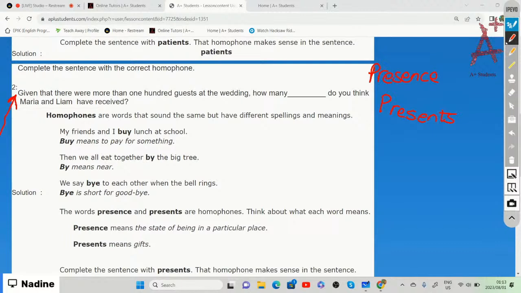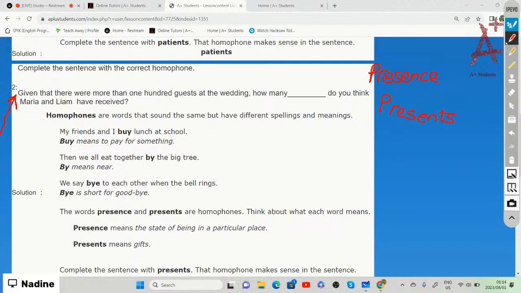It's my presence, right? And then we have presents, which means gifts. So if we match these two words, that are spelt differently with different meanings but sound the same, we choose the one that matches the sentence.